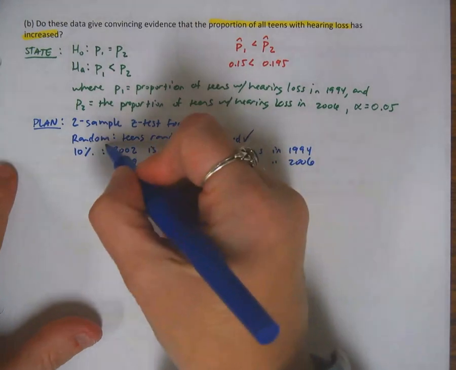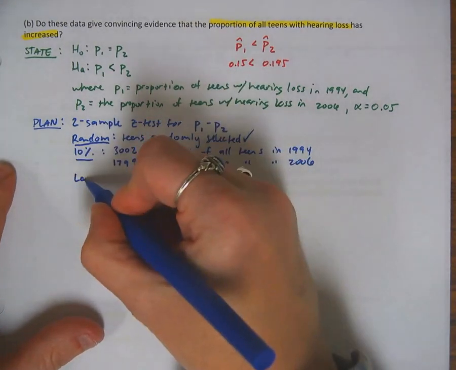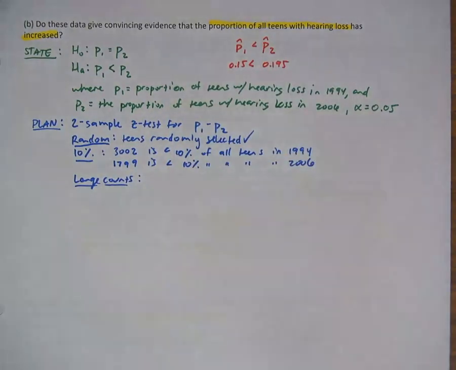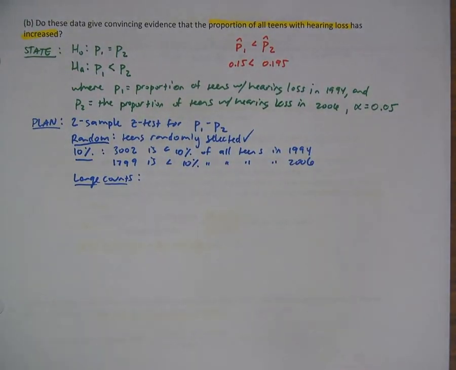Large counts. Underlining just kind of helps the eyes of the AP grader know, boom, boom, boom, check for all 3.